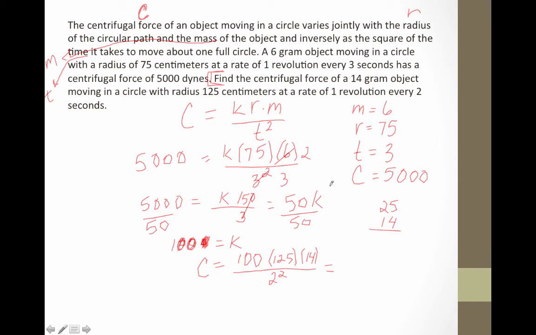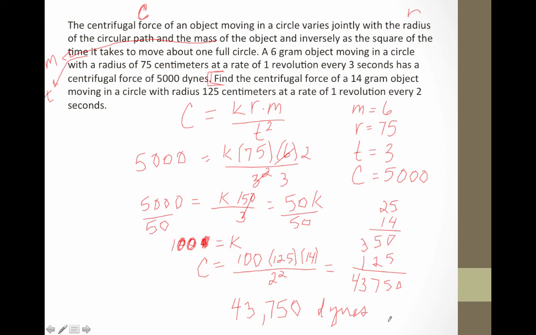Again, the 25 is 100 over 4. So 25 times 14 is 350. So that times 125. Okay, if I haven't mismultiplied, then it's 43,750.